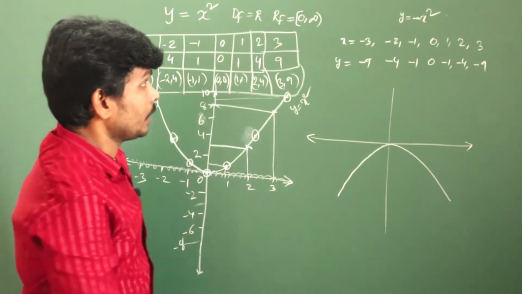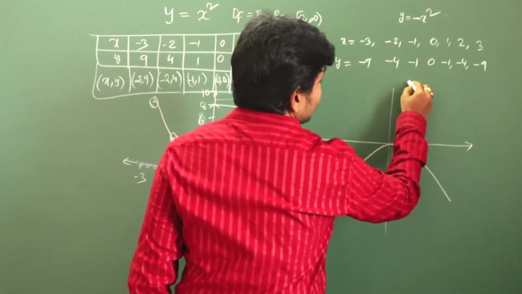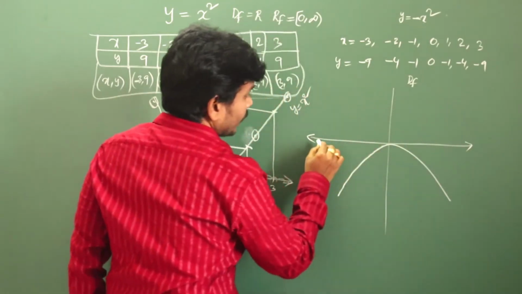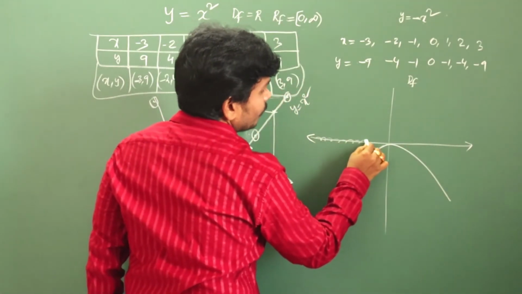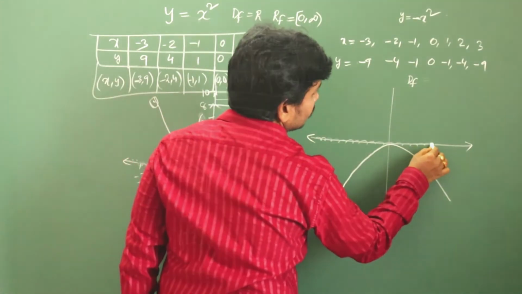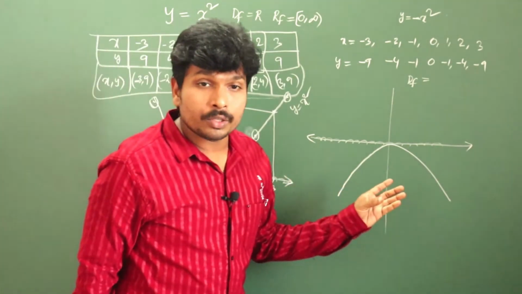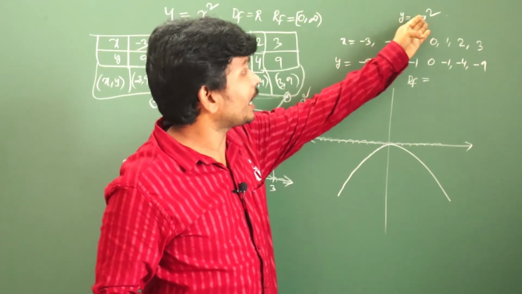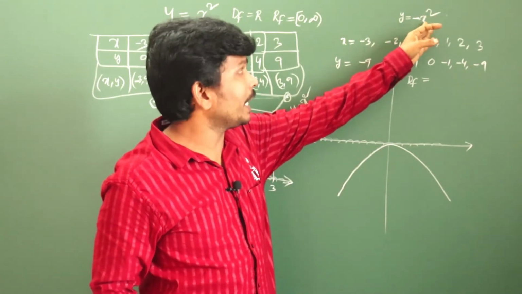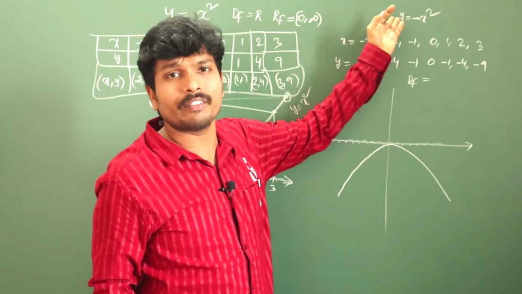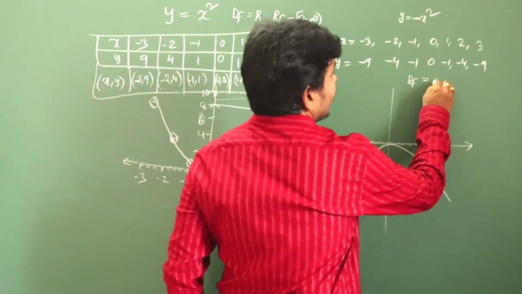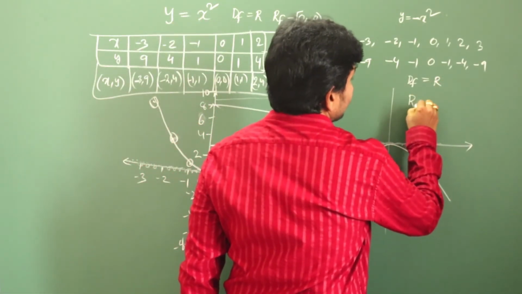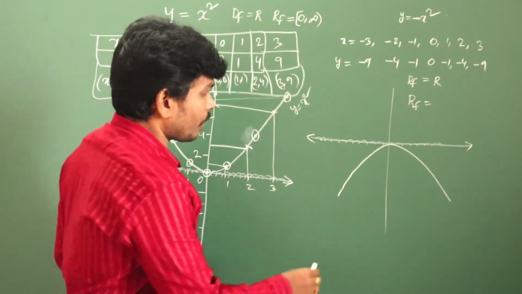For y equal to x square. Tell me, for y equal to minus x square, what is the domain? Can take all x values. So what is the domain? Domain means x values. What are the acceptable x values? Here the x value can be any real value, because for any real value you take, the y value you will definitely get. So the domain is all real numbers. What about the range? Observe the graph.